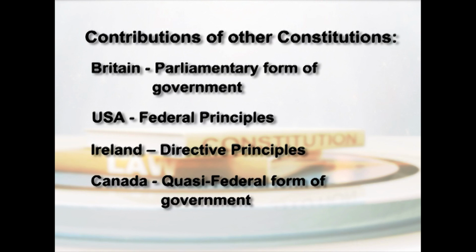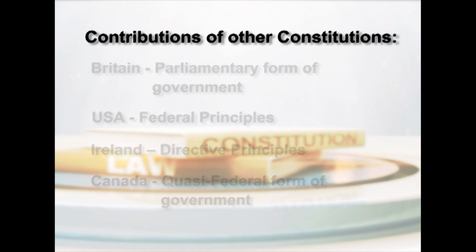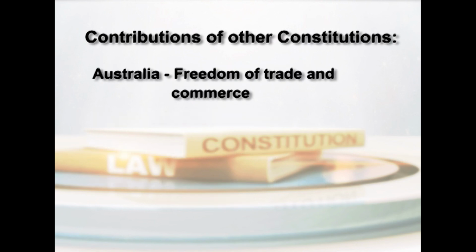Canadian Constitution contributed to us by providing an instance of quasi-federal form of government. We are indebted to Australian Constitution for freedom of trade and commerce between different states of the country and power of national legislature to make laws for implementing treaties.